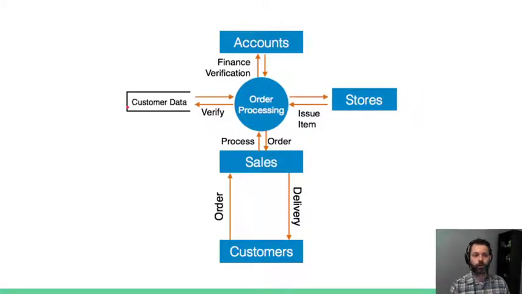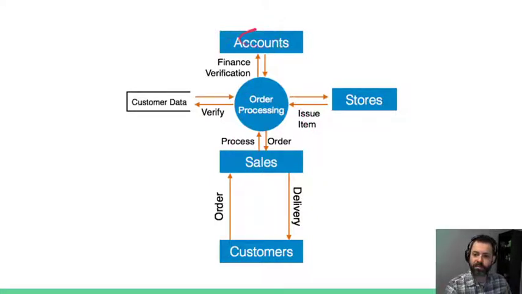Usually in a data flow diagram, a process is represented by a circle. What you're going to care about is what data is coming in, what data is going out, how things are being changed here. So in this example, we're processing orders for stores. Could be online, could be in person.